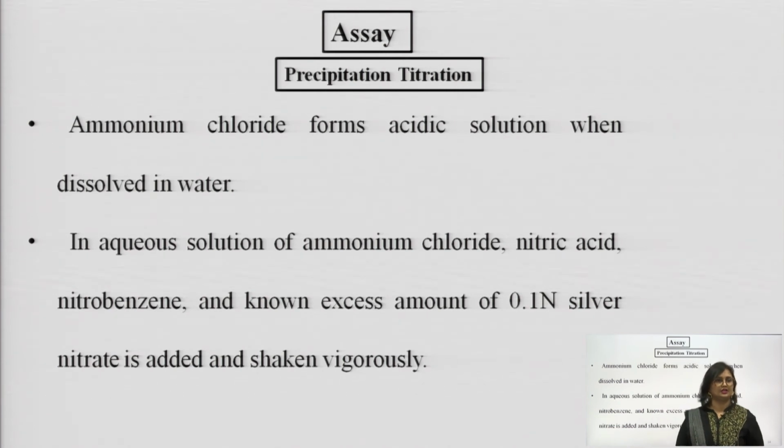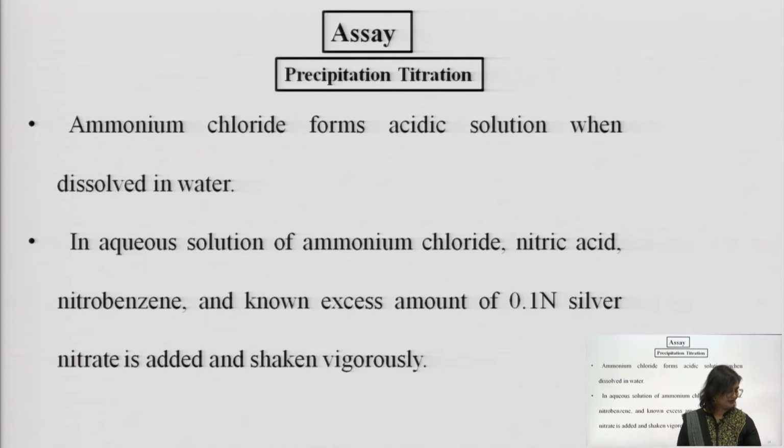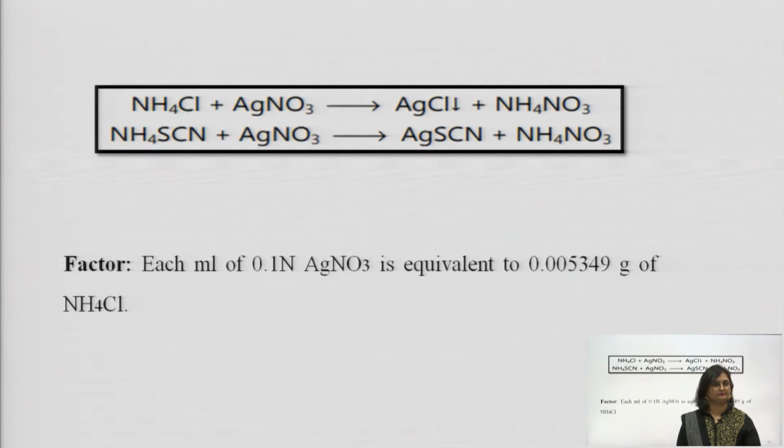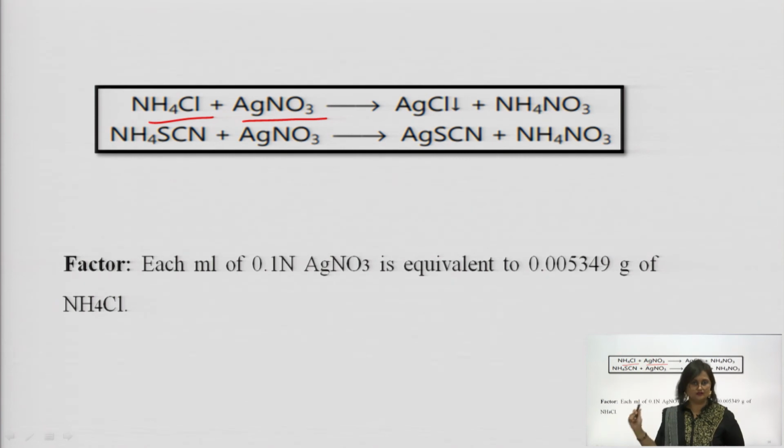To the aqueous solution of ammonium chloride, nitric acid, nitrobenzene and an excess amount of silver nitrate are added and shaken vigorously. So, ammonium chloride is made to react with silver nitrate. This is the basic reaction.